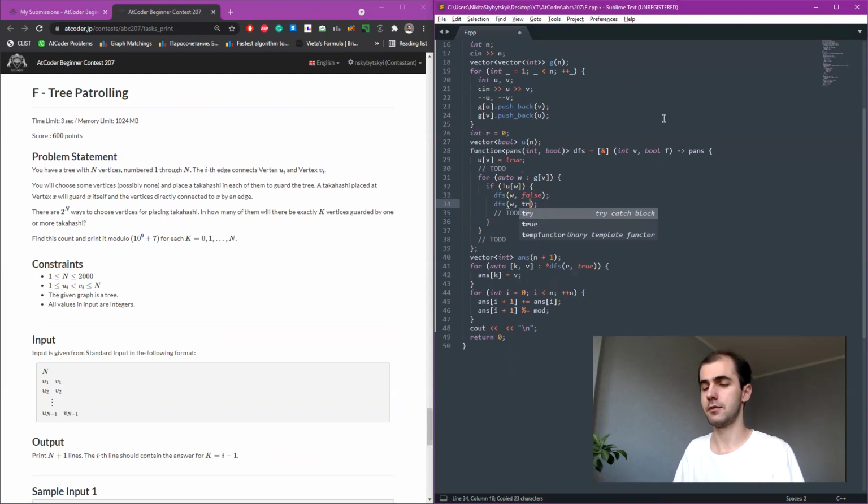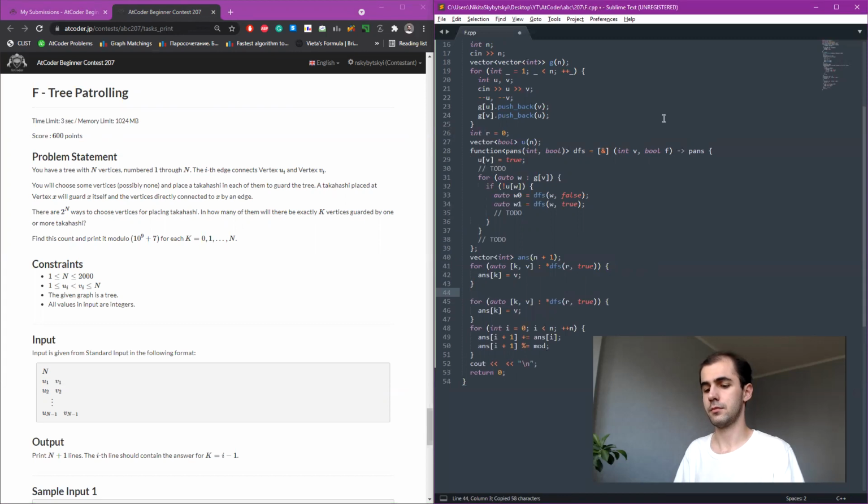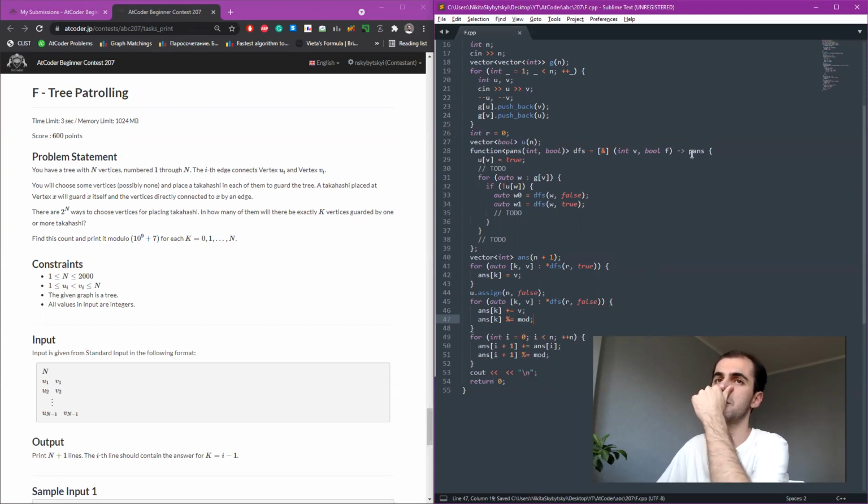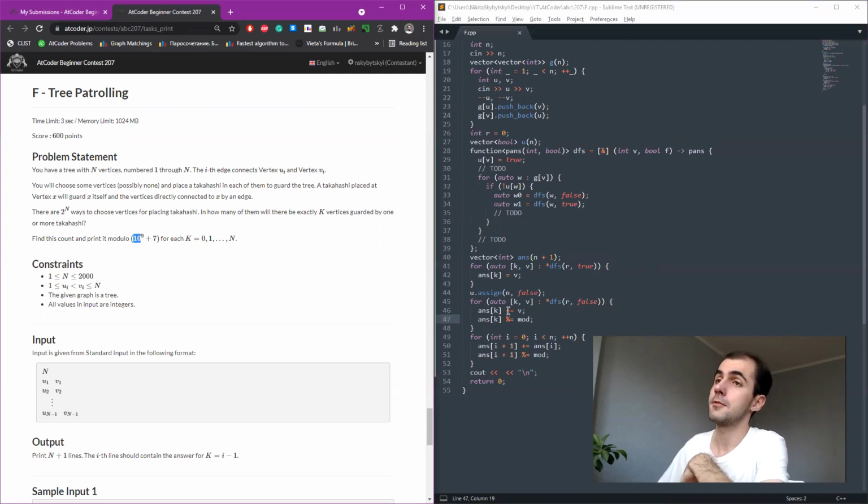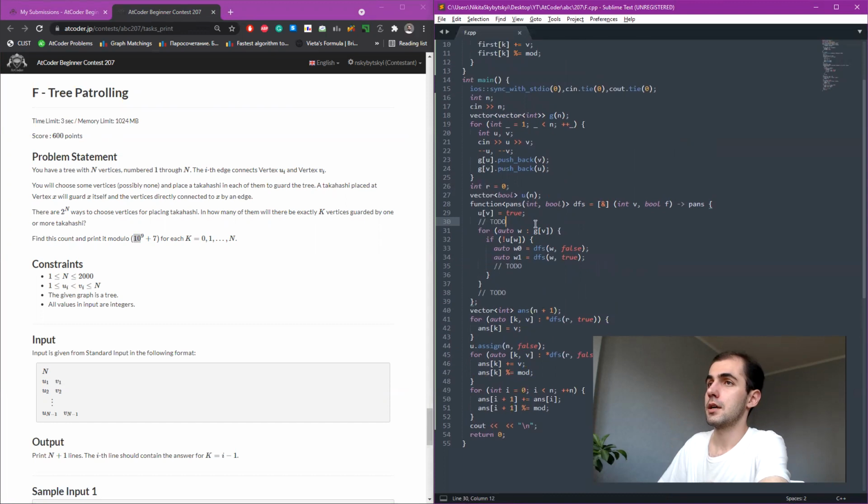There is no other way of doing it. Adding two numbers which are not greater than 1 billion, we're not going to overflow, that's fine.